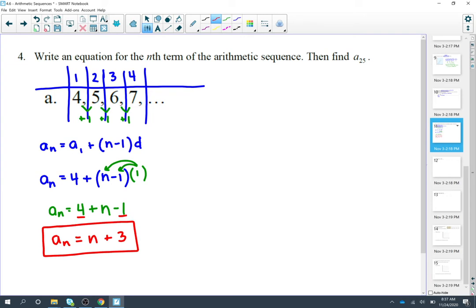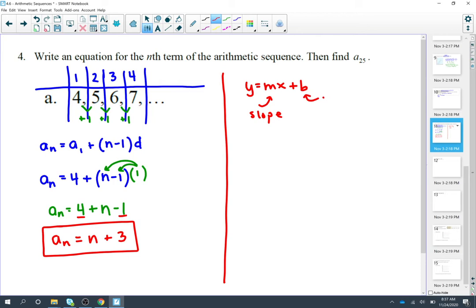Now, I'm going to try this a different way. Method 2. This is up by 1, up by 1, up by 1, which means I know it's linear. And if it's linear, y equals mx plus b. Remember that m is your slope.